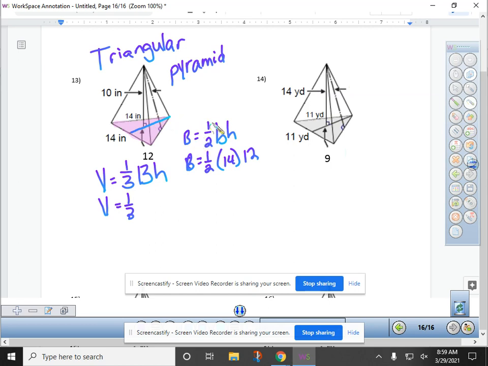Oh, I see. What's half of 14? 7. And 7 times 12? 84. So the area of the base is 84. What is the height of the whole pyramid? 10. You can divide 84 by 3.